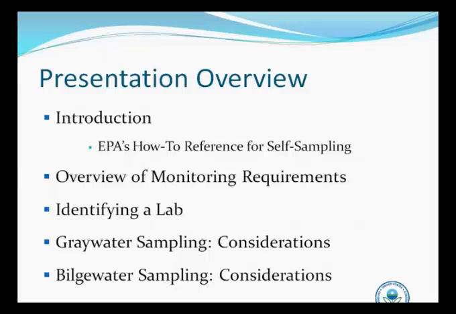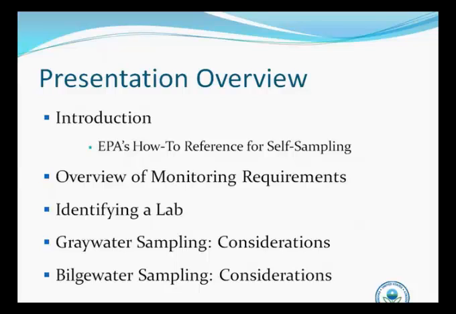It's ballast water, bilge water, gray water, and exhaust gas scrubber effluent. And then after that, we're going to talk specifically about two of those samples in detail, in terms of how you collect those samples, and then also how you arrange for laboratory analysis of those samples. We will not be discussing ballast water sampling or exhaust gas scrubber sampling in detail today because the type of message we would deliver is very similar for those samples.